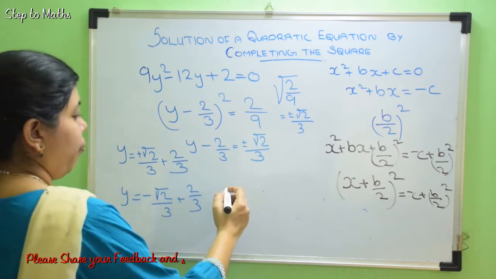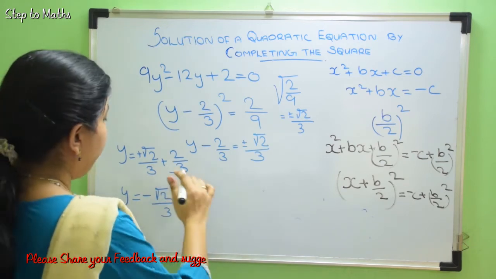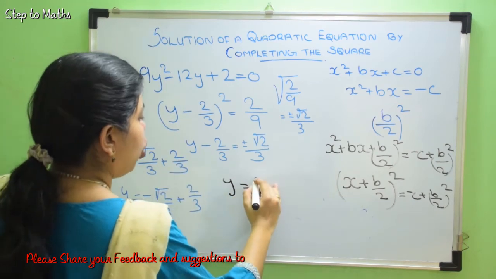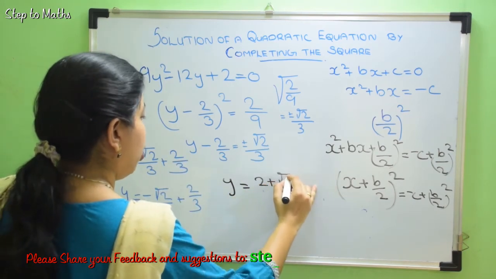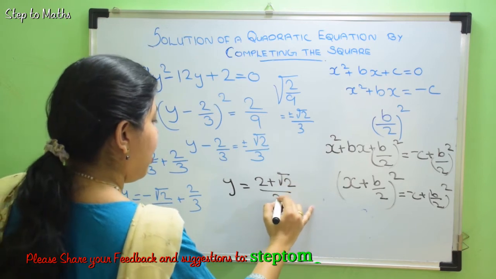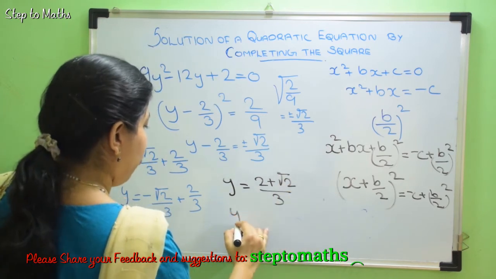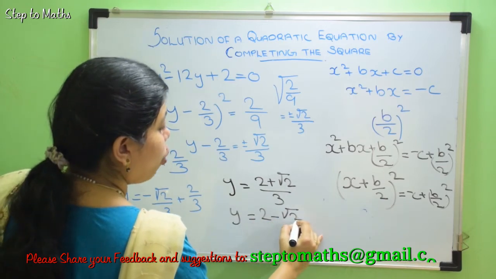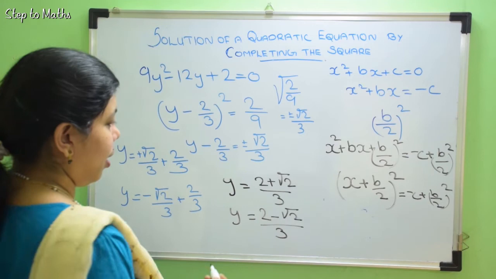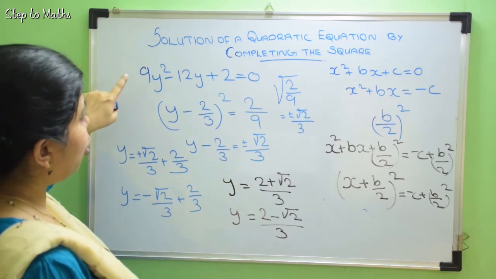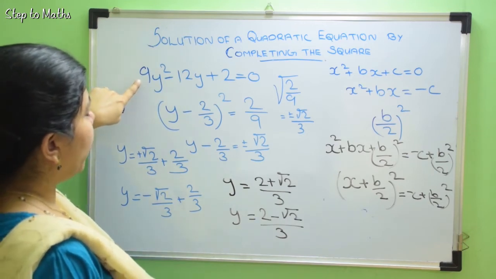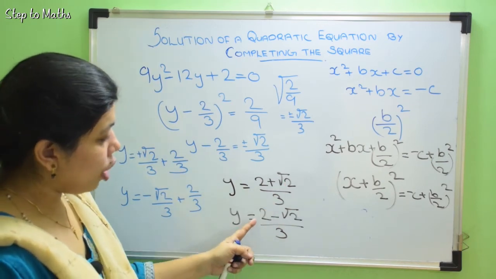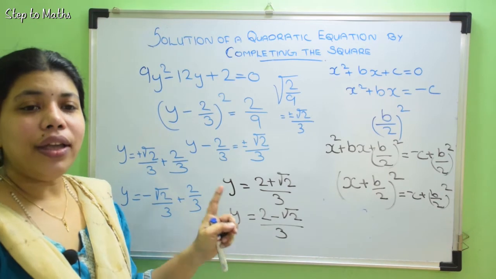The value of y is 2 plus root 2 by 3 and the value of y is 2 minus root 2 by 3. The solution of the given quadratic equation is 2 plus root 2 by 3 and 2 minus root 2 by 3.